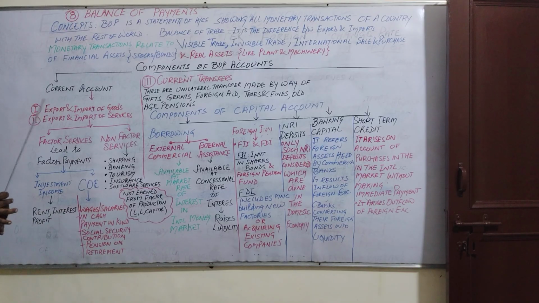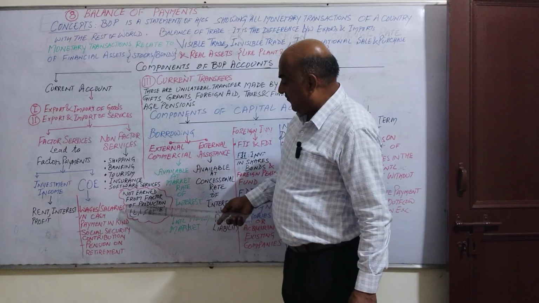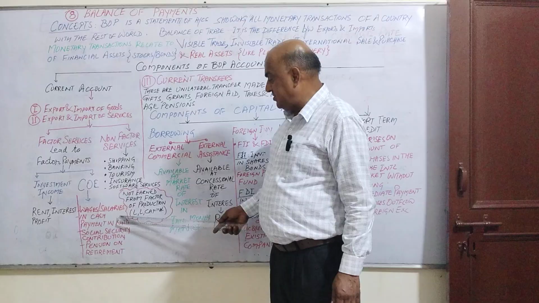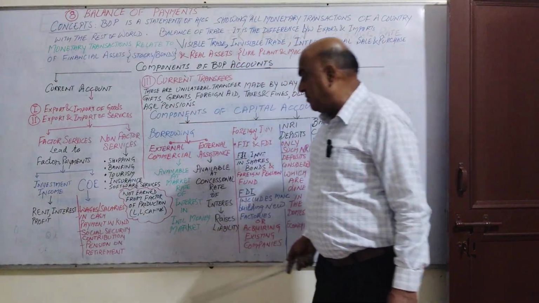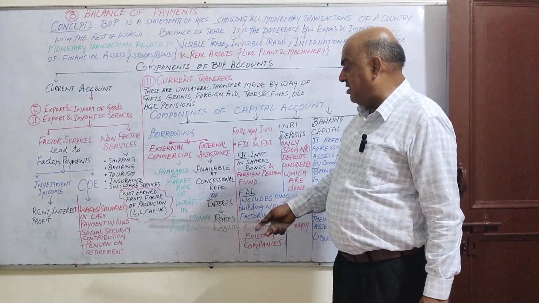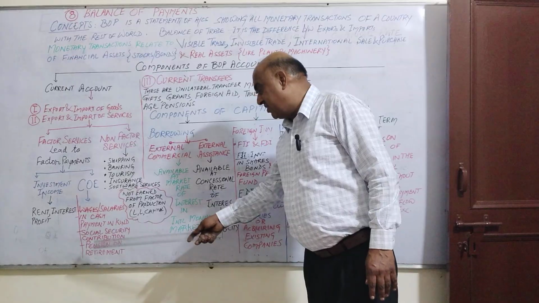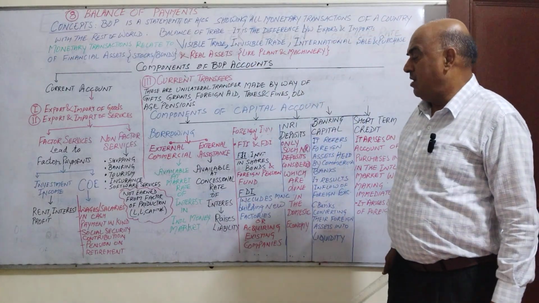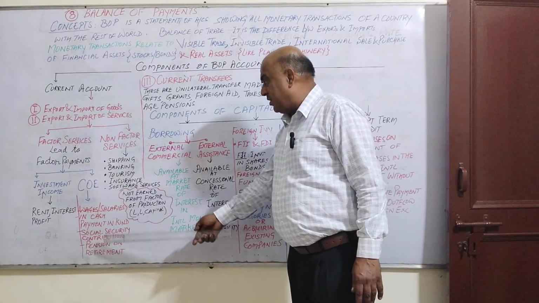Investment income includes rent, interest, profit, etc. COE has four components: wages and salaries in cash, payment in kind, pension on retirement (not old age pension), and social security contribution by the entrepreneur. So these are the components of COE.